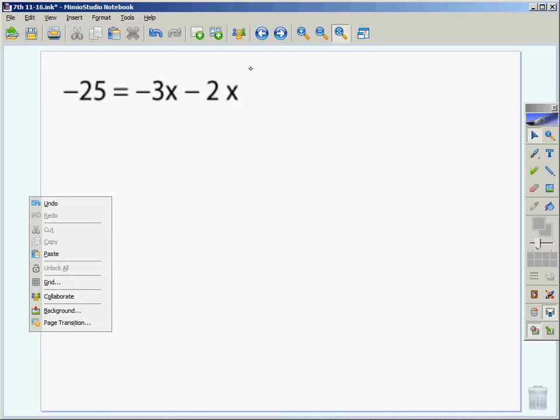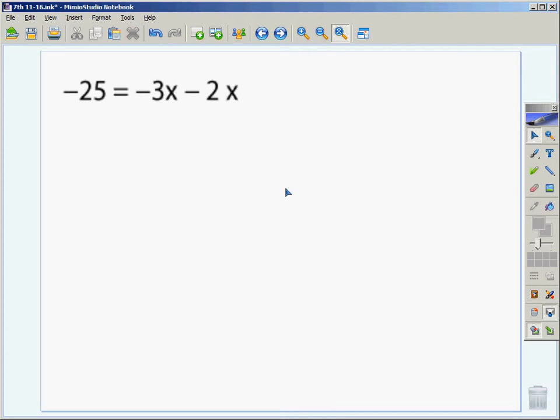For example, go ahead and write this equation out.